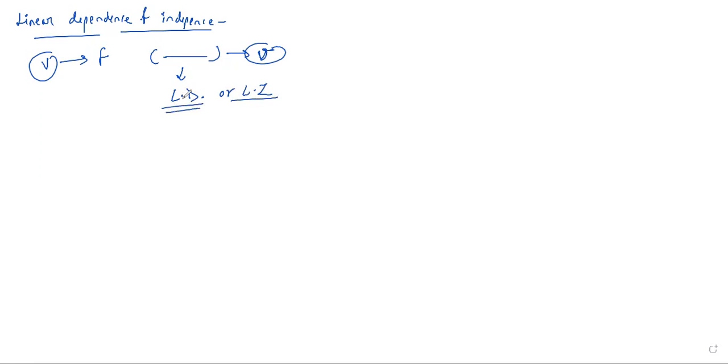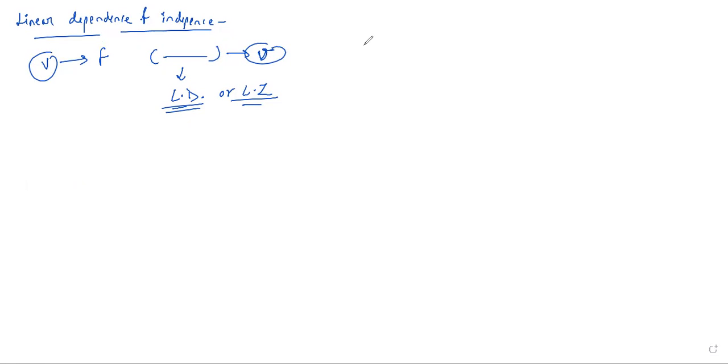For checking this, we first have to know what linear dependence and linear independence are. When do we say that a set of vectors is linearly dependent, and when do we say it is linearly independent?